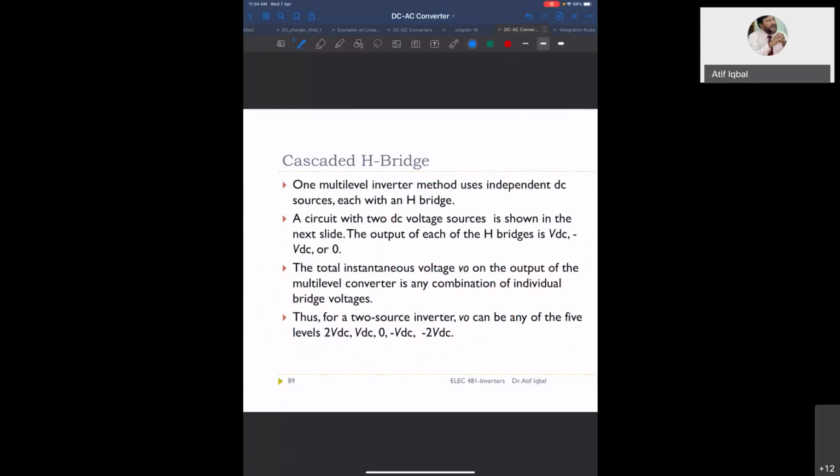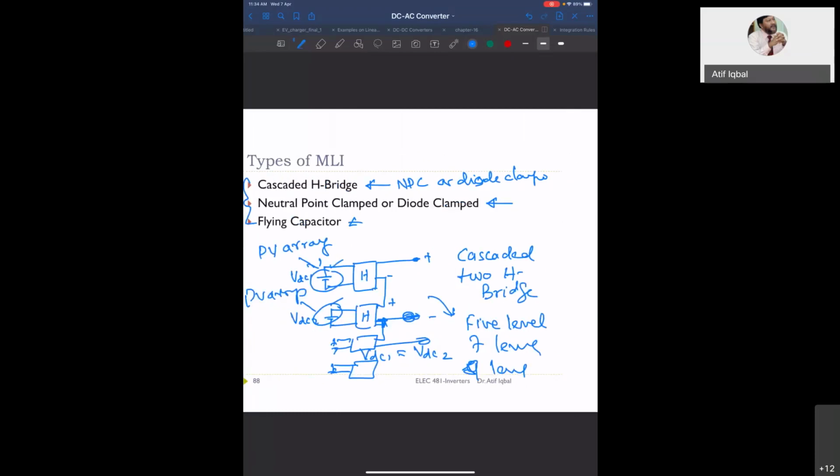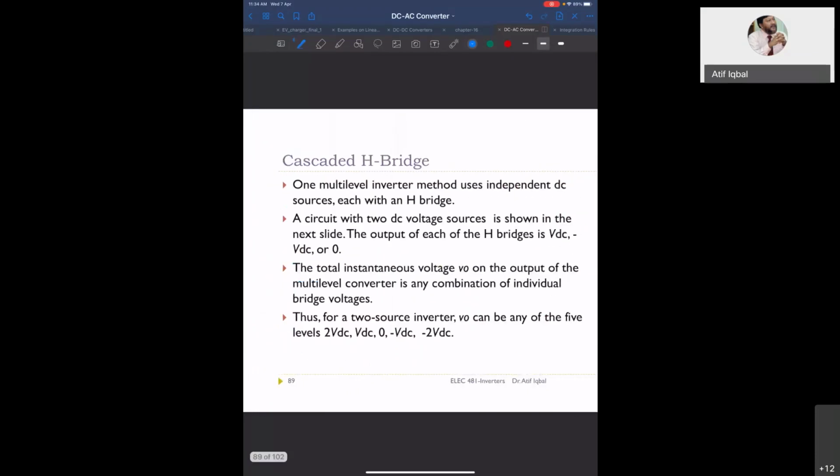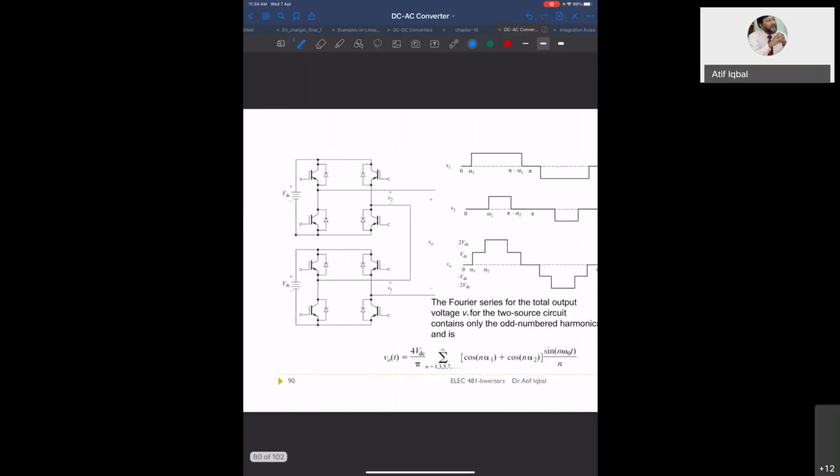So the DC sources are independent, and they are cascaded. A circuit with two DC sources is shown in the next slide. The output of each H bridge is VDC, minus VDC, or 0. So we know that the output of this is VDC, 0, minus VDC. Similarly, the output of this is VDC, 0, minus VDC.